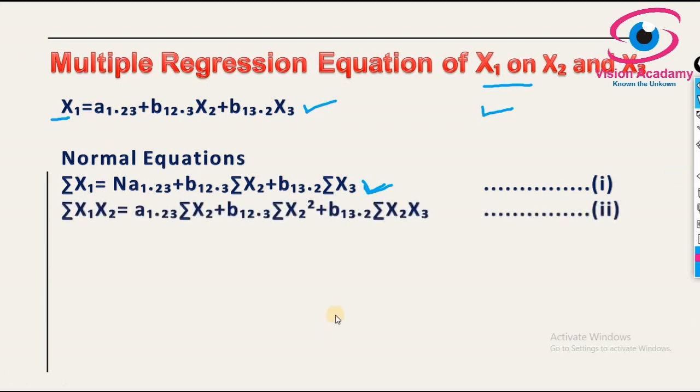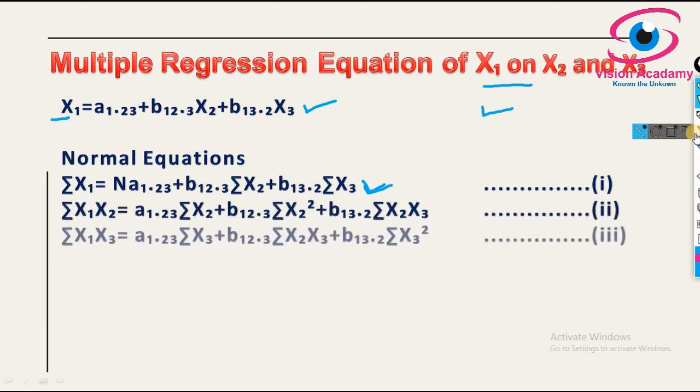And the second and third equations are these. For the second equation, firstly we have to consider the possible combinations of x1. Since we are dealing with x1 x2 x3, I can have x1 in one case, x1 and x2 in another case, and x1 and x3.